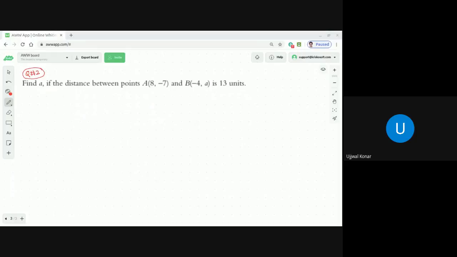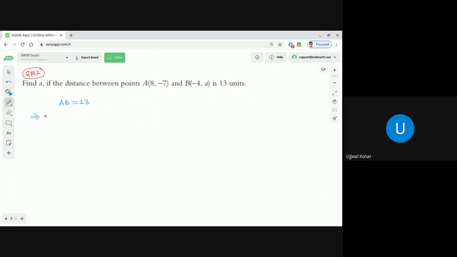Okay, let me start doing it, and then we'll see where things went wrong, and also you'll see that each and every step is so important. So according to the question, what is given? AB is equal to 13. That means what? What is AB?